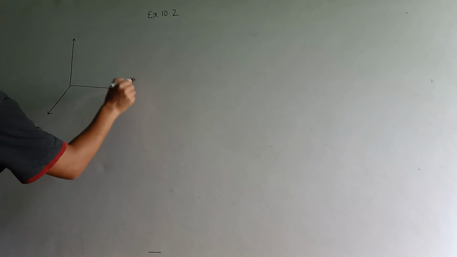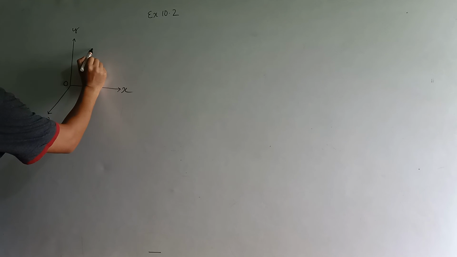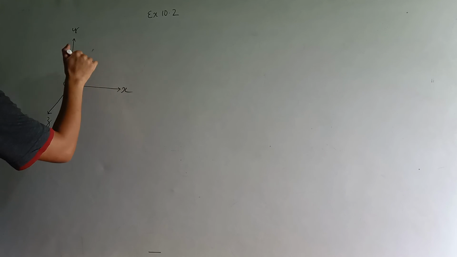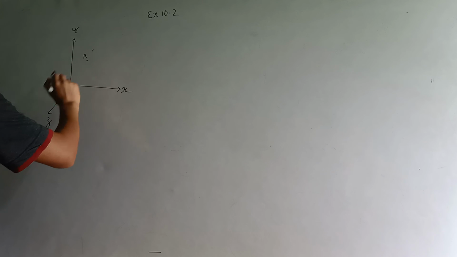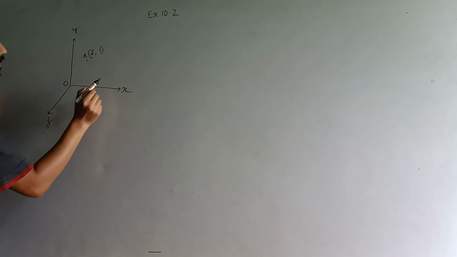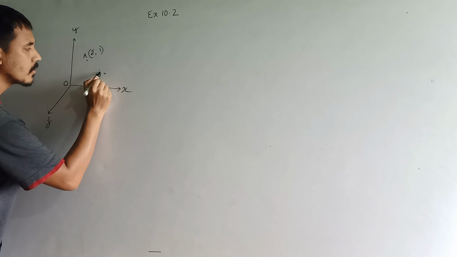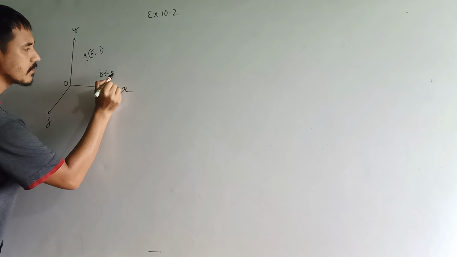This is your x-axis, y-axis, z-axis. This is your origin. What is your initial point? 2, 1. Your initial point A has coordinates 2, 1. And your terminal point is minus 5, 7. Let's say it's B, with coordinates minus 5, 7.